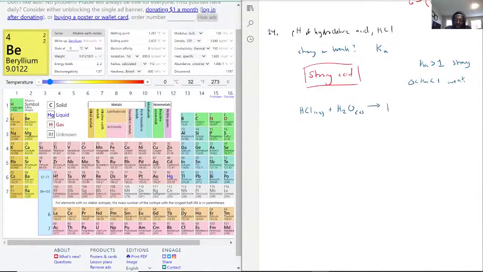This is just going to form Cl minus plus H3O plus. And because it dissociates completely, there's going to be a 1-to-1 ratio. For every 1 mole of HCl, there's 1 mole of Cl minus, and more importantly, 1 mole of H3O plus.